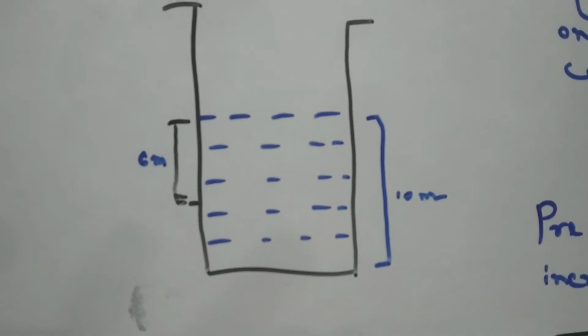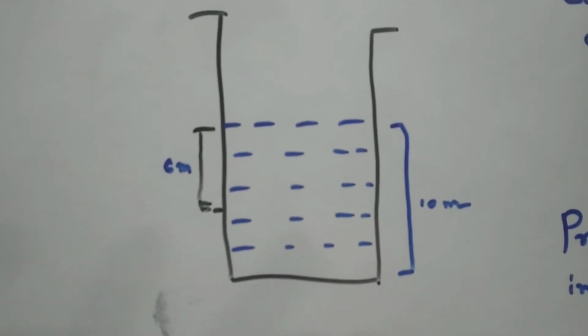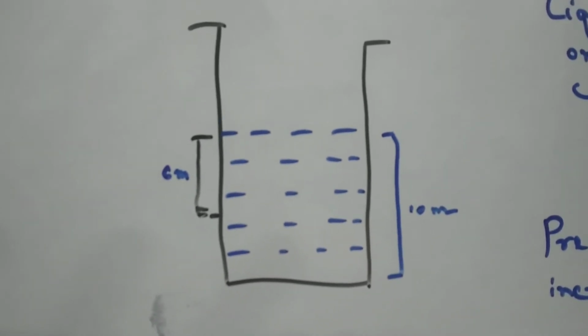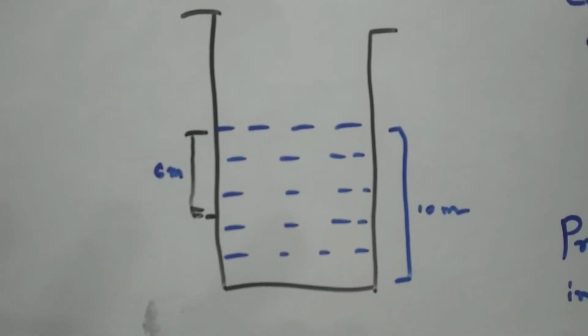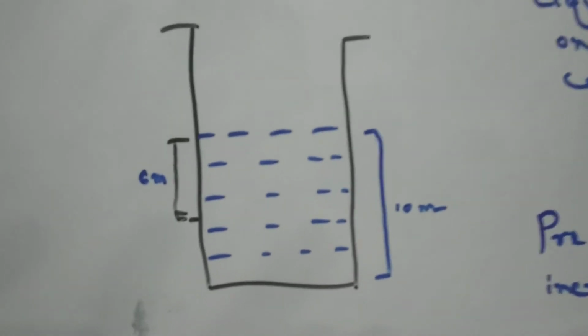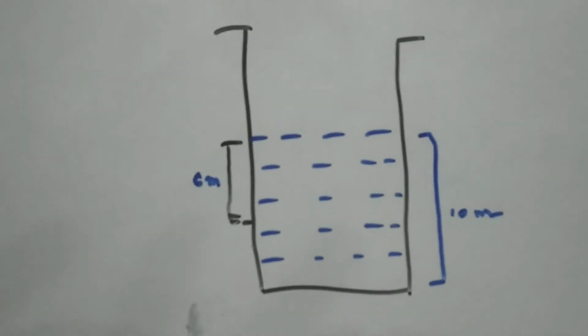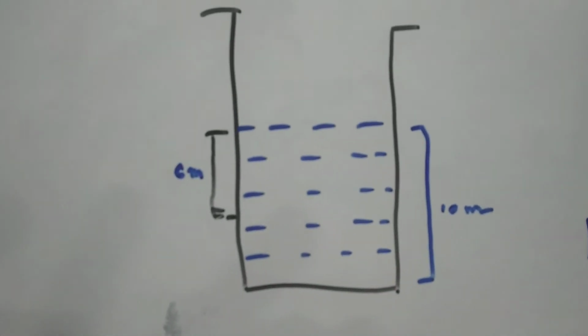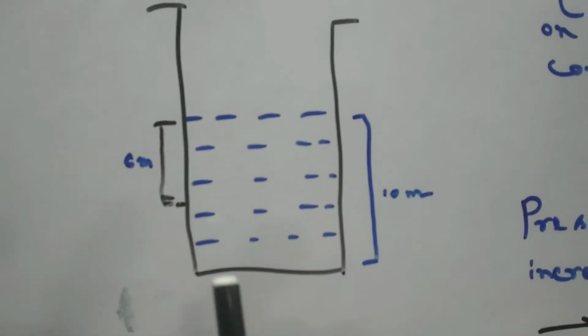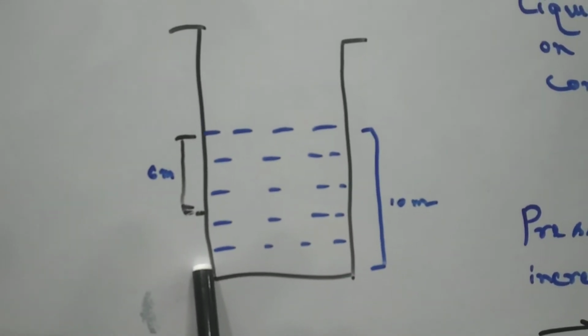So this point is at 6 meter depth from the liquid surface, or from the top. So the pressure at this point will be lower than the pressure at this point.